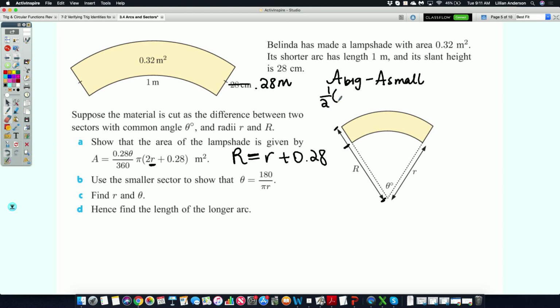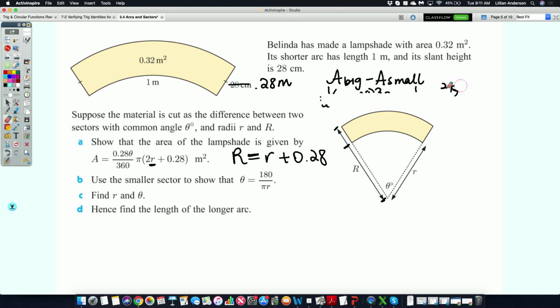So the radius of the big sector is r plus 0.28 squared times theta, minus 1/2 r squared theta, literally. Oh no, we are going to have to use the 360. Dang it.